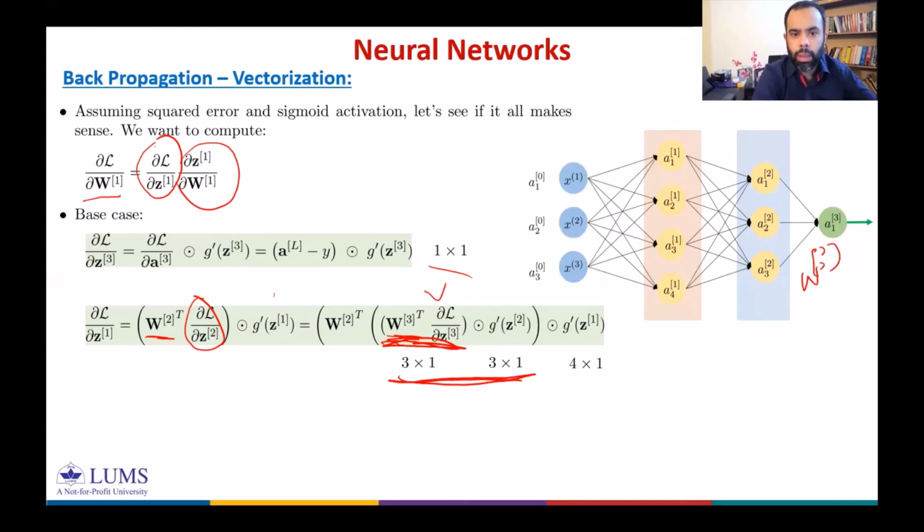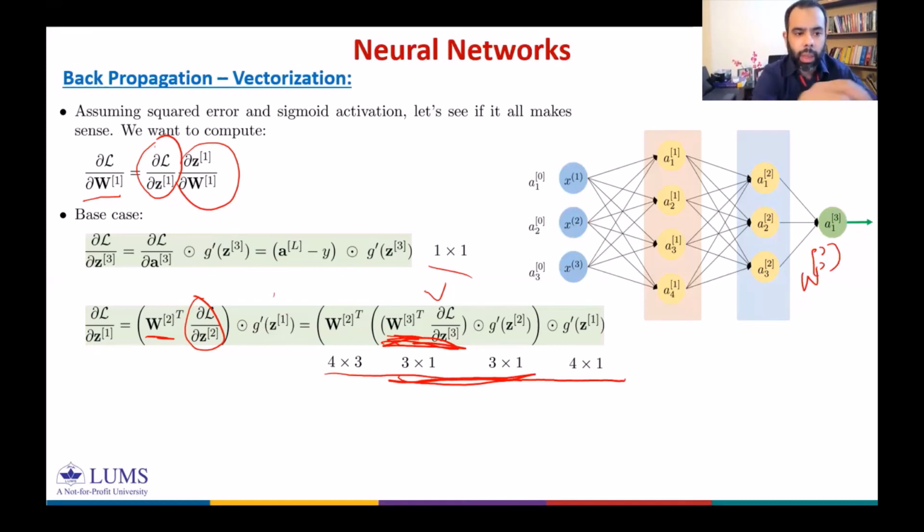Right? So W2 transpose. So what is size of W2? 3 cross 4. So W2 transpose would be 4 cross 3. So 4 cross 3 times 3 cross 1, and this is all dimensionally correct. Right?